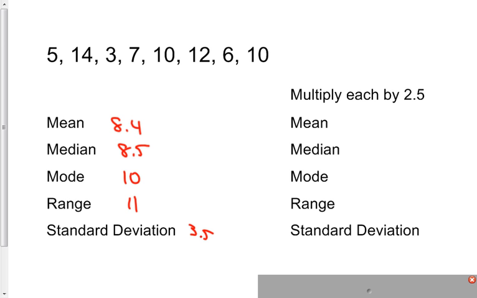All we have to do is take each of these and multiply by 2.5. So you need to go to your calculator and do individual multiplying. What is 8.4 times 2.5? What is 8.5 times 2.5? What is 10 times 2.5? 11 times 2.5, and 3.5 times 2.5.